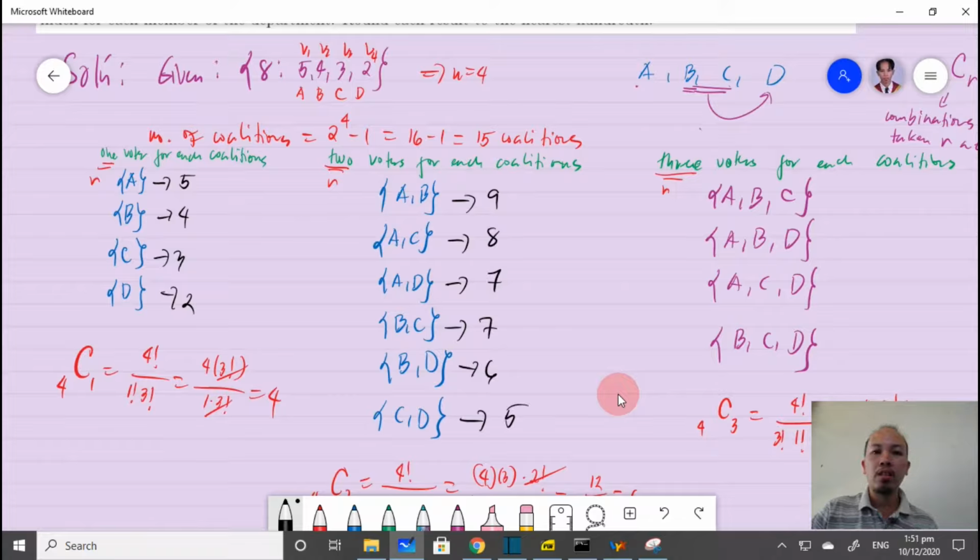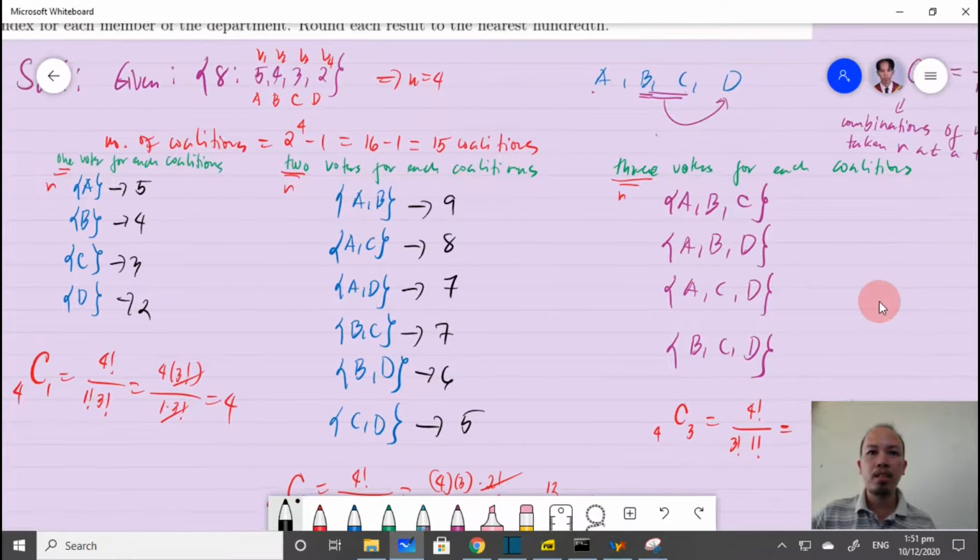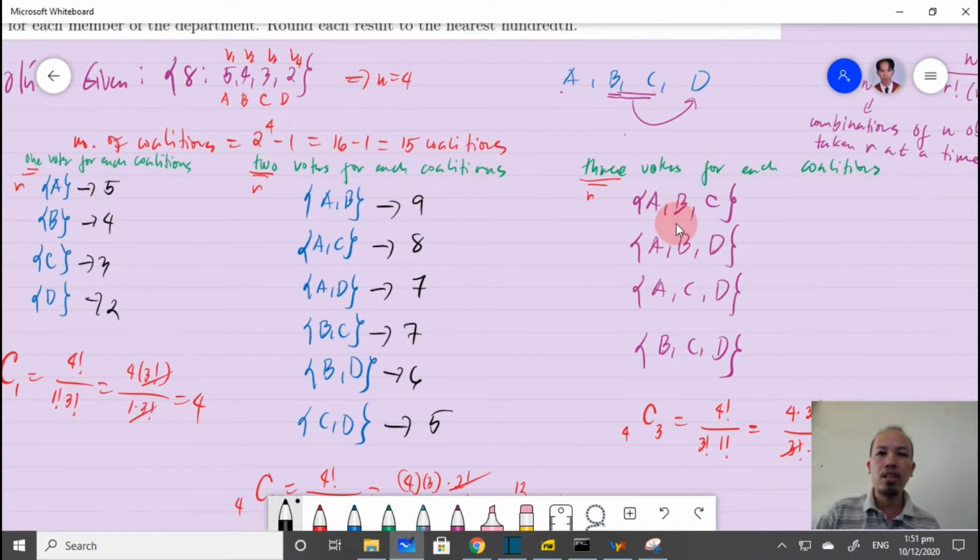How about ABC? All you have to do is add the weight of voter C, which is 3, to AB, which is 9, so that is 12. ABD is AB, 9, plus D, 2, which is 11.